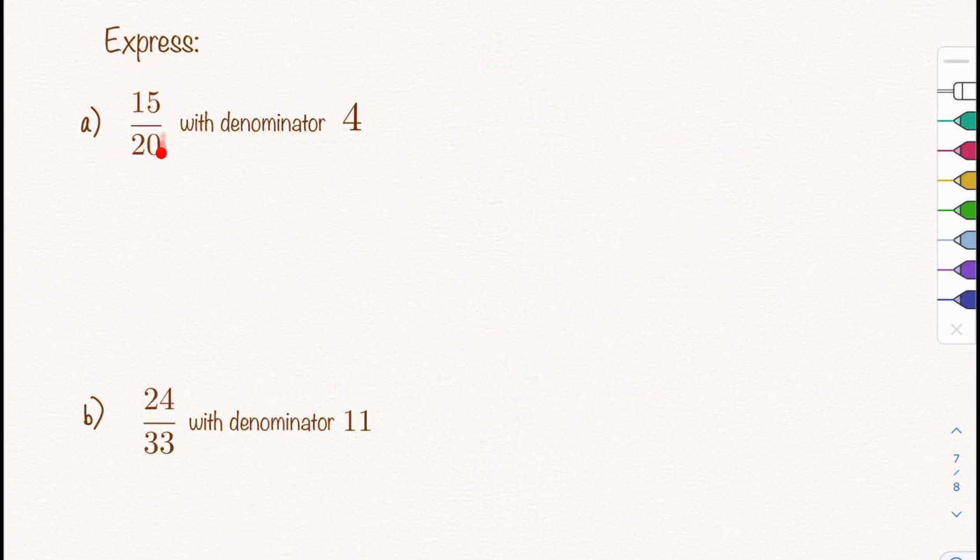Express 15 over 20 with a denominator of 4. So start by writing 15 over 20, and they want us to express this with a denominator of 4. And so we're missing the numerator. So looking at the denominators this time, the 20 became a 4, so it became smaller. If it did, it means that we divided it by something. 20 divided by what equals 4?